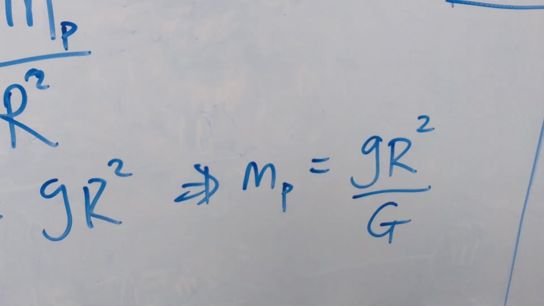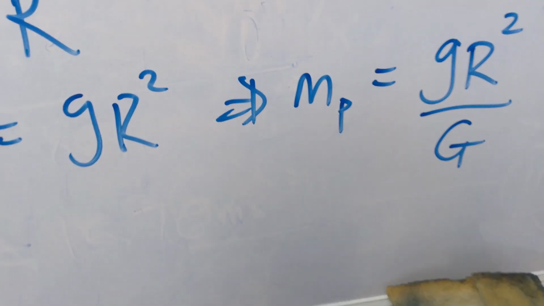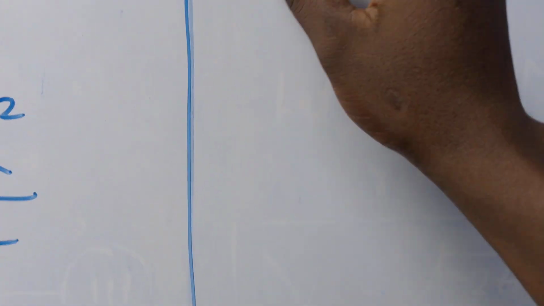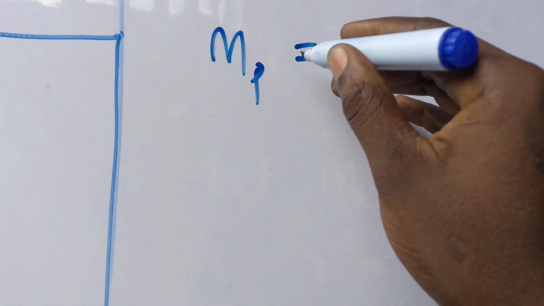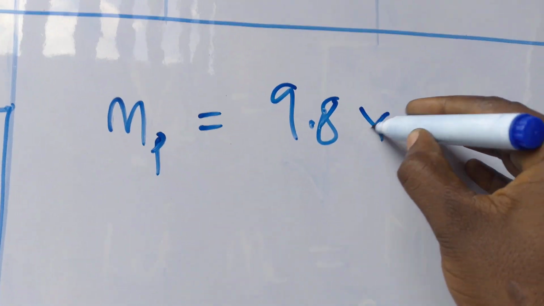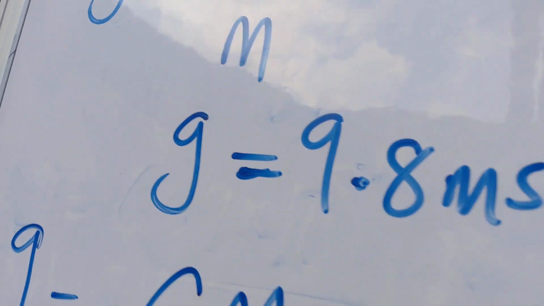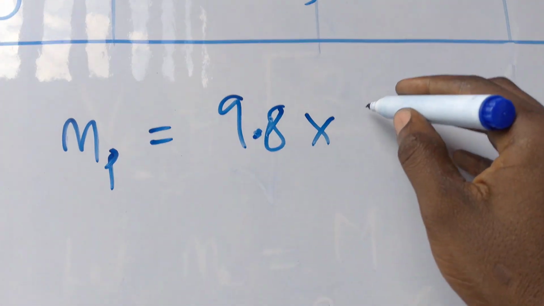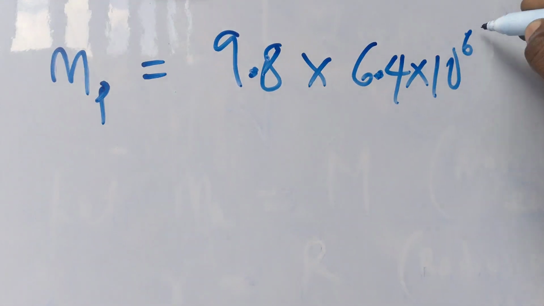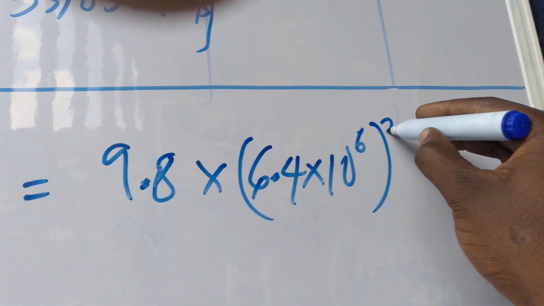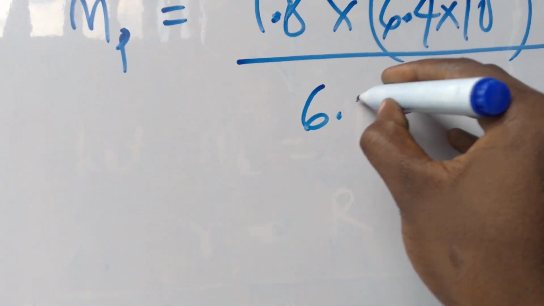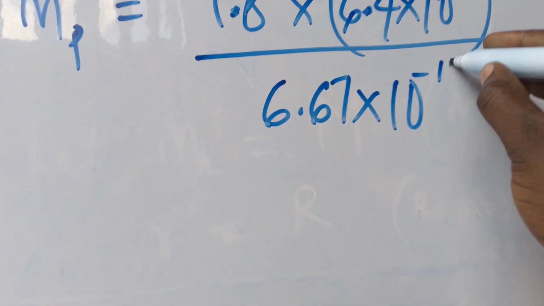So if I substitute into that formula, I'll have MP in place of small g, I write 9.8, times the radius, 6.4 times 10 raised to power 6, all squared, all over the gravitational constant 6.67 times 10 raised to power minus 11.